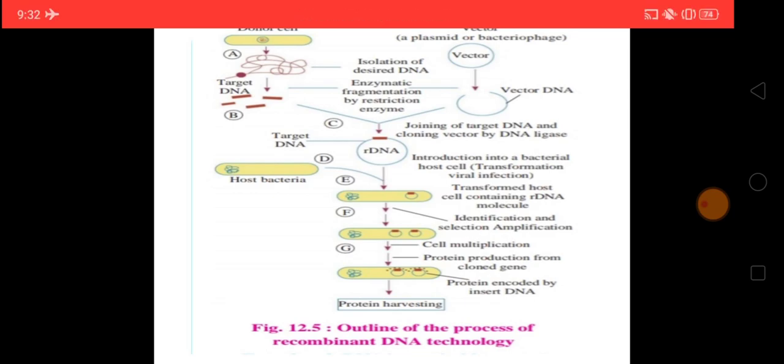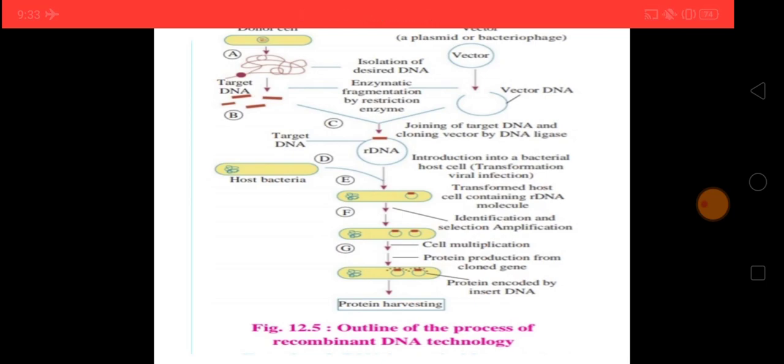So first, the figure shows isolation of the desired gene from the donor organism. The desired gene is obtained from the donor organism, and the genetic material is removed and purified using some techniques.